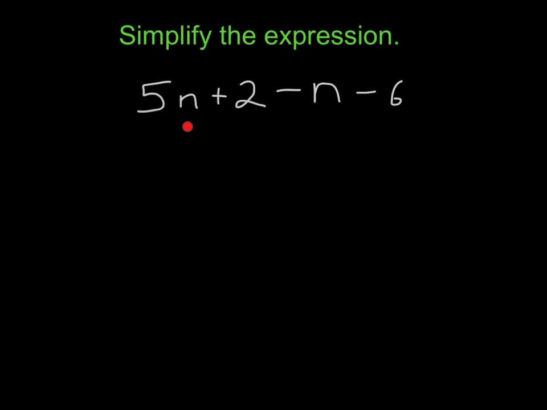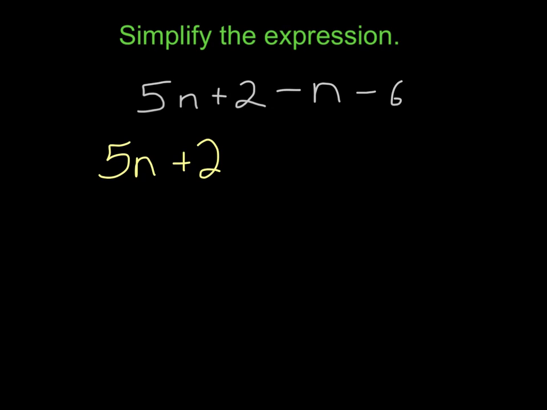So here I'm asked to simplify this expression. The first thing that I'm going to want to do is rewrite these minuses. So I'm going to go 5n, stays the same, plus 2.